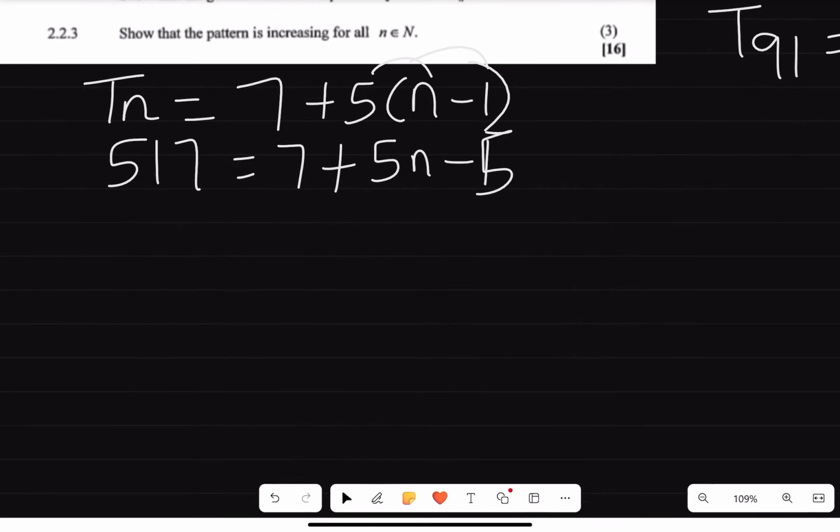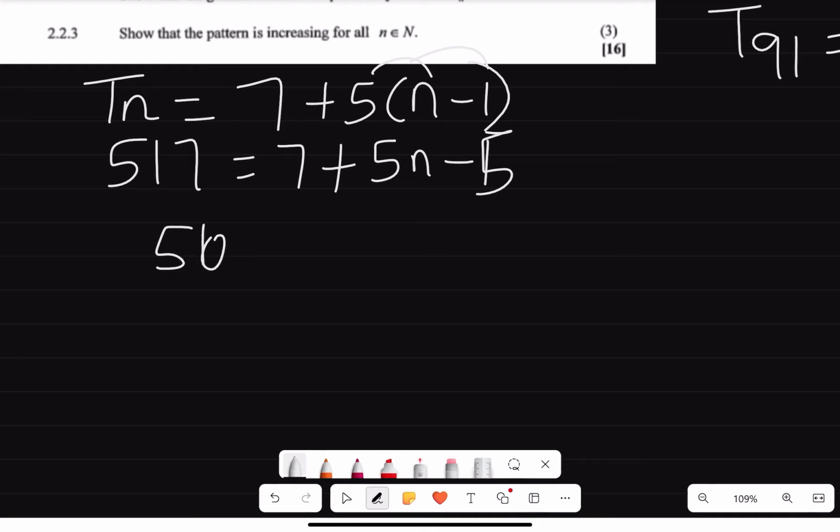And then now we're going to have this minus in there. So you have 517 minus 7, that gives you 510. So we have 510, which we're going to add a 5, equals 5n. Remember, this 5 will come there to add. So we have 515 now equals 5n.